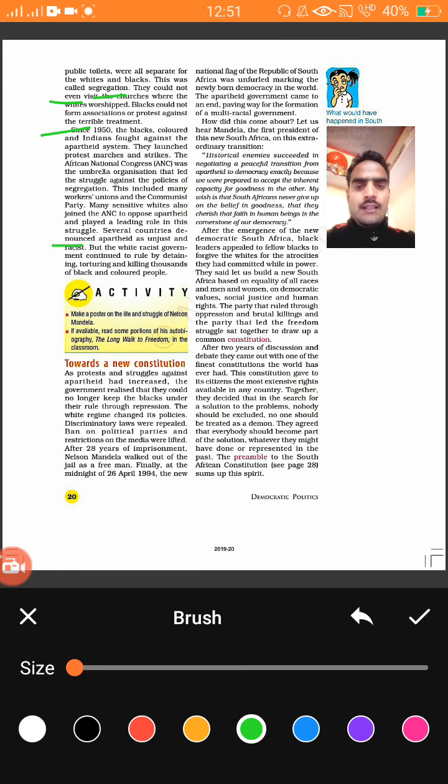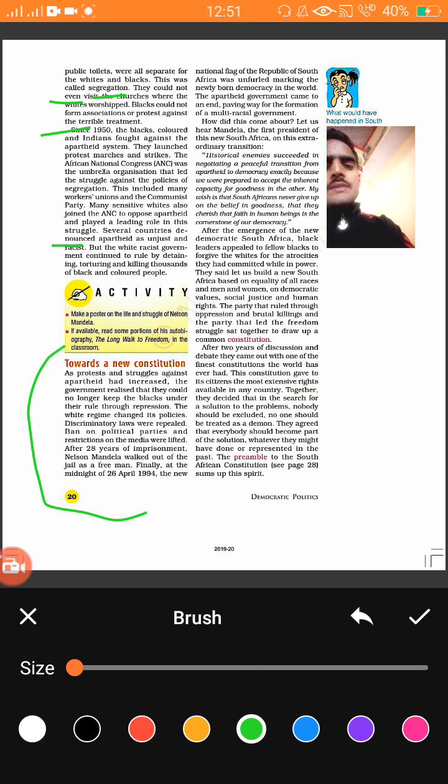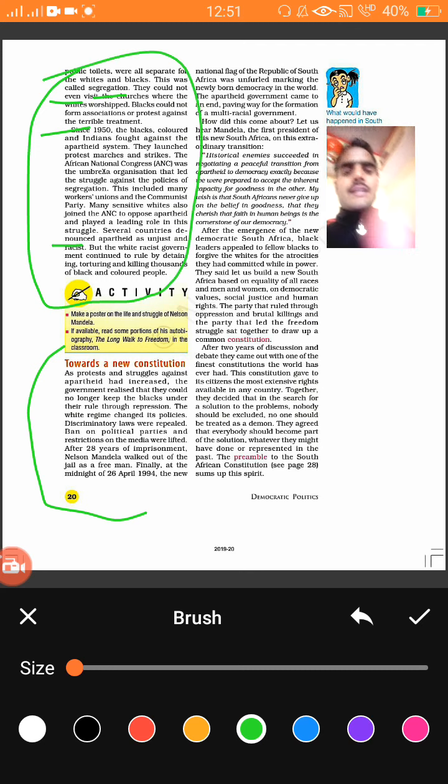But the white racist government continued to rule by detaining, which means putting you into jail without any law breaking, torturing, killing thousands of black and coloured people. Towards a new constitution. This type of situation was in South Africa, remember.